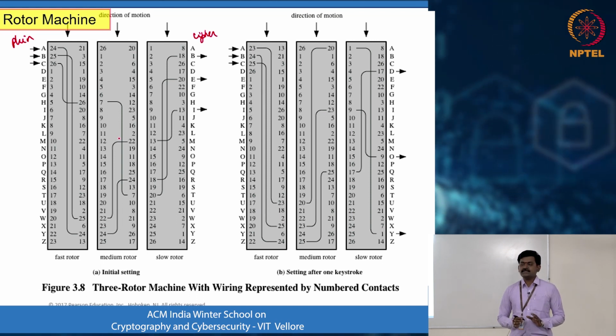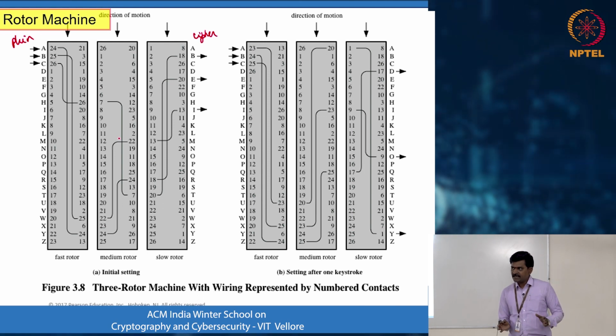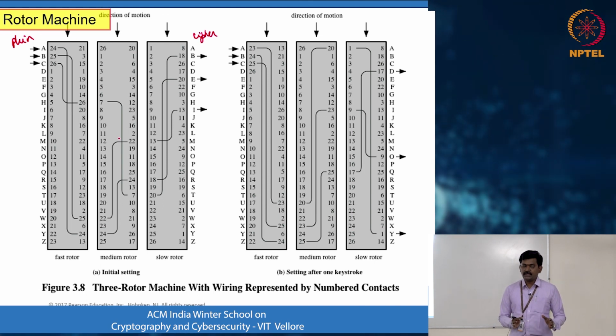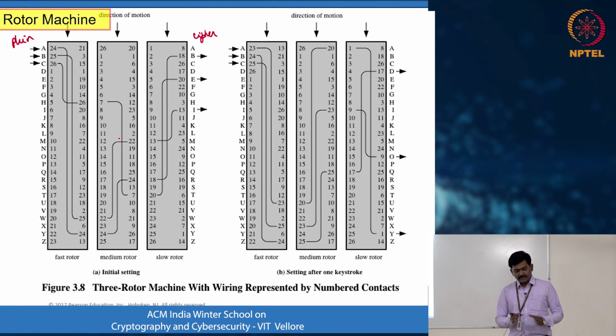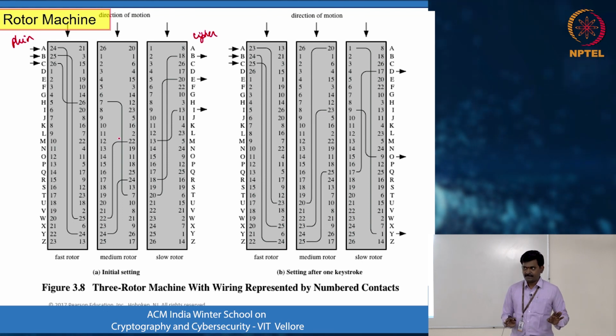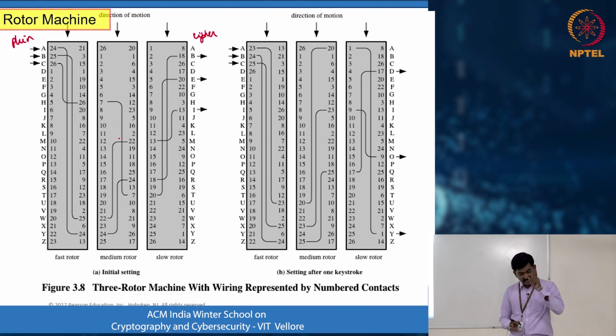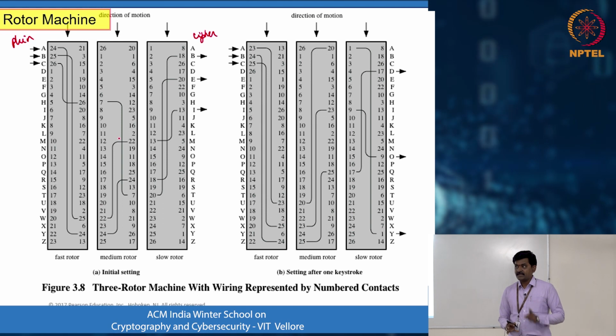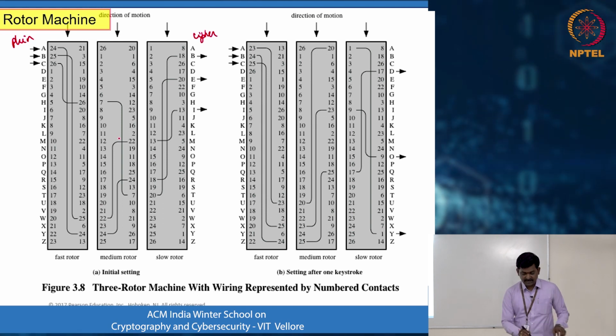So the point is, when two communicating parties are using Enigma machines, the sender and receiver should have the same Enigma machines. Okay? They cannot have 2 different Enigma machines. They should have the same wiring, same internal structure. This is the structure.